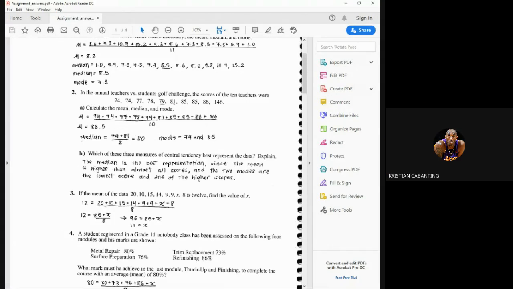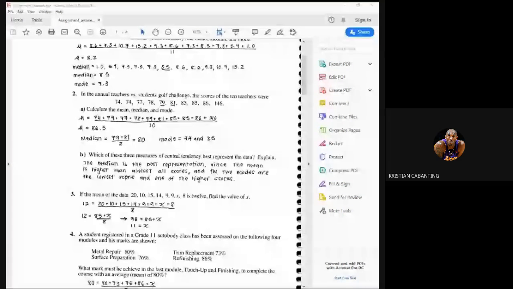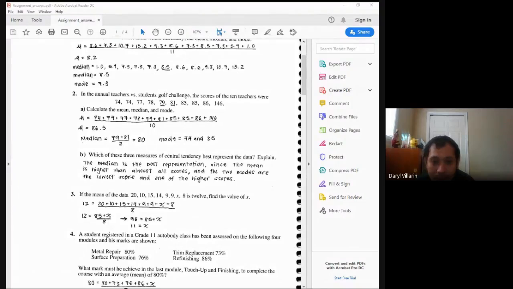Yeah. Okay. So am I presenting the PDF file or the OneNote file?